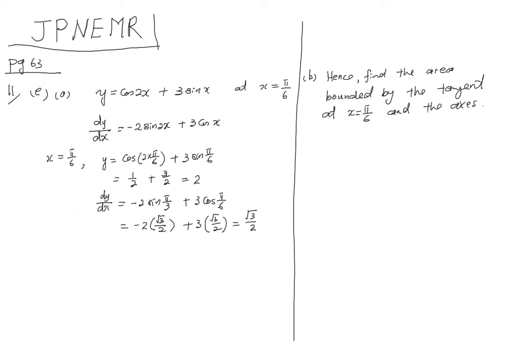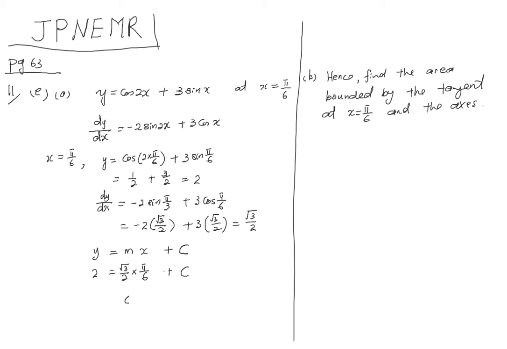You do y equal to mx plus c. Your y is 2. Your m is √3/2. And your x is pi by 6 plus c.